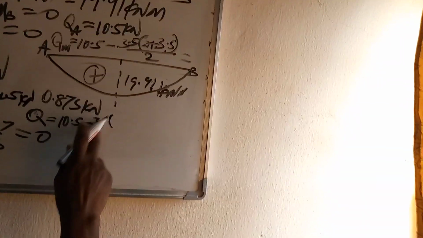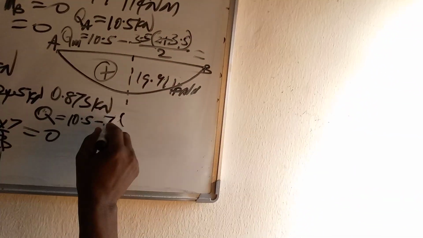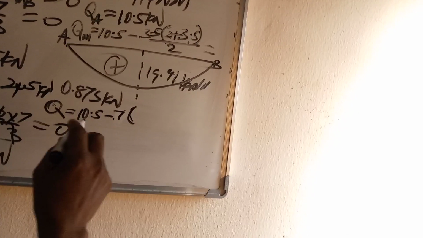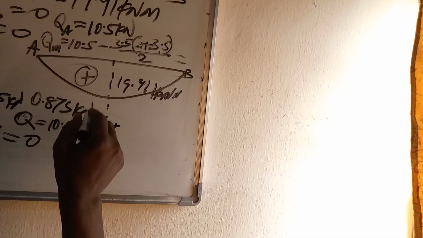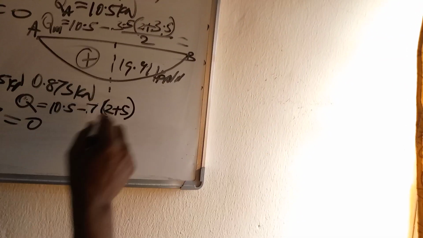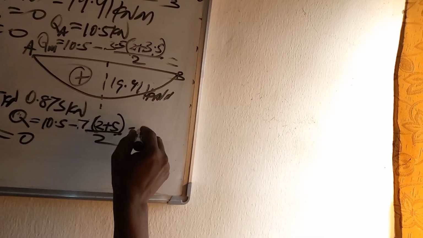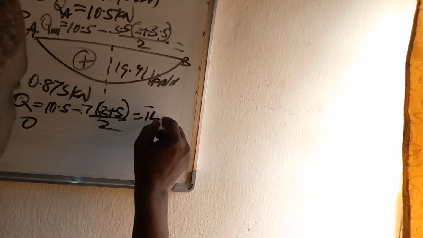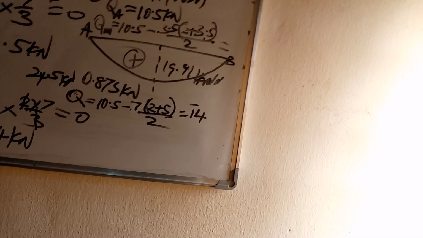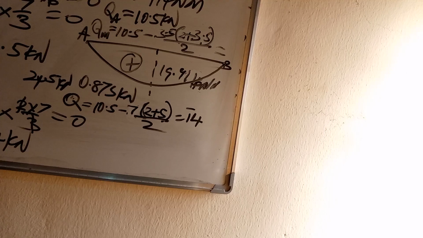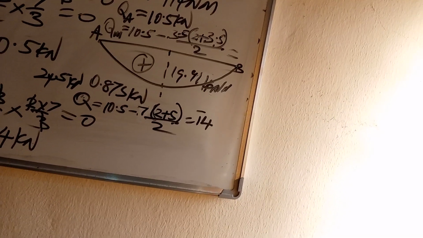That means 7 times the bracket 2 plus 5 over 2, which gives minus 14. That's the area of the trapezium CABE.